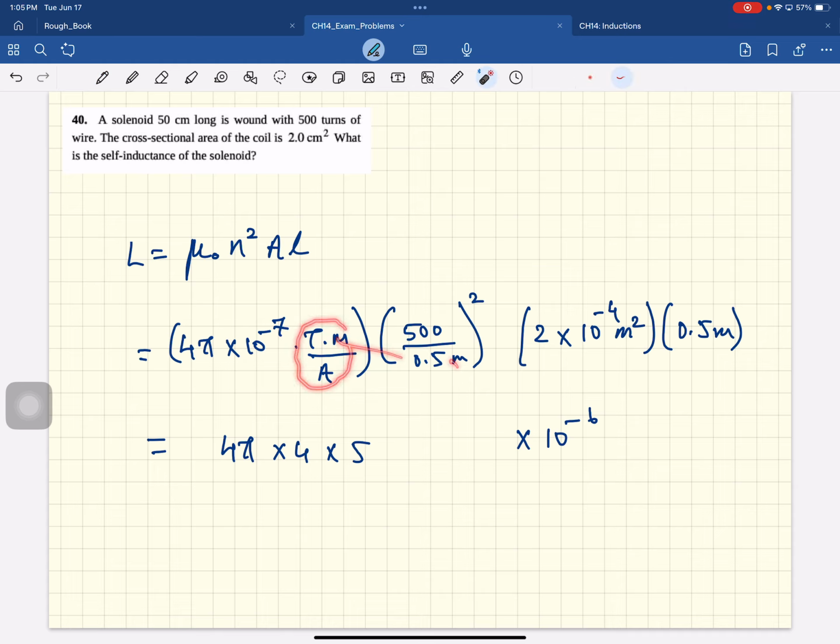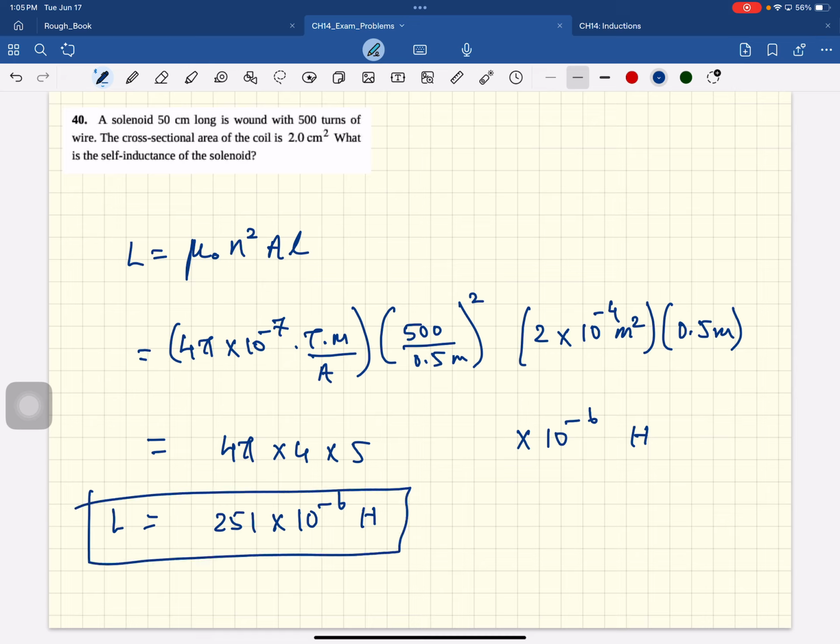The meter and meter square cancel, and Tesla meter square per amp has to become Henry. So this is equal to 250 microhenry.